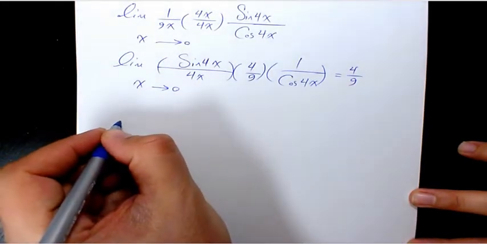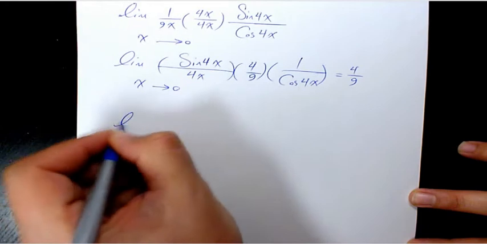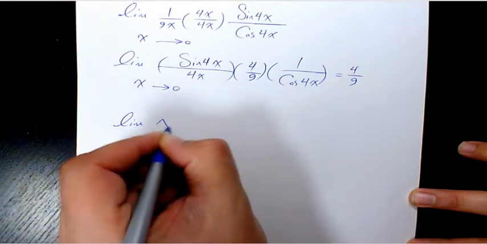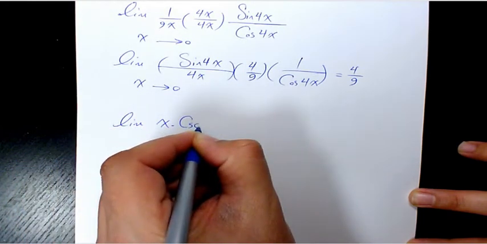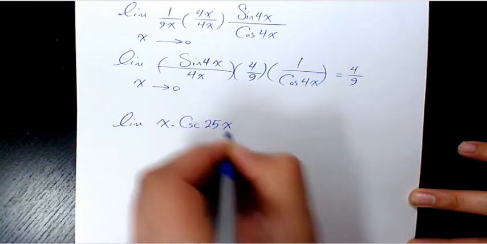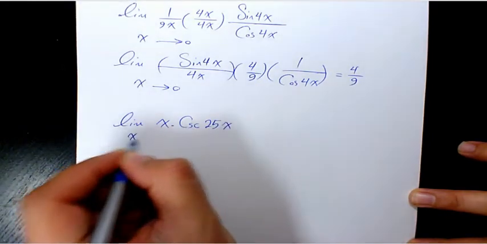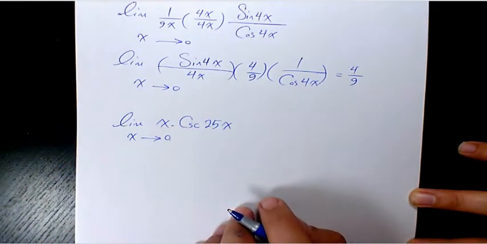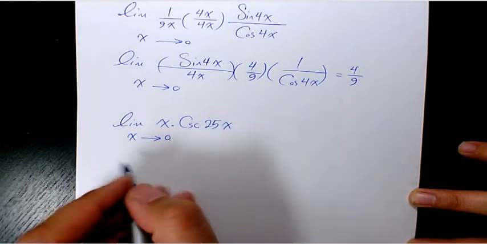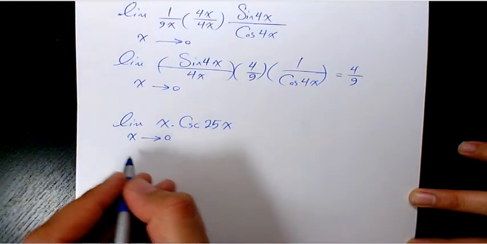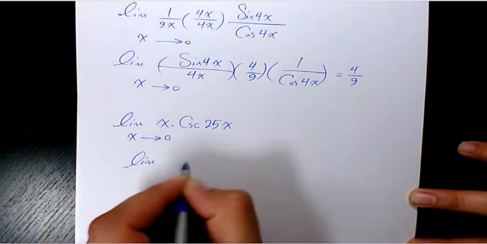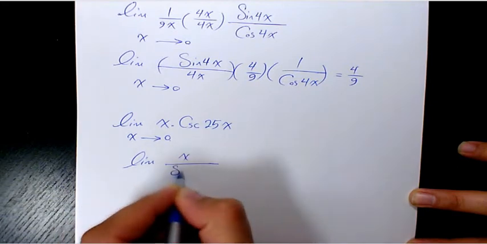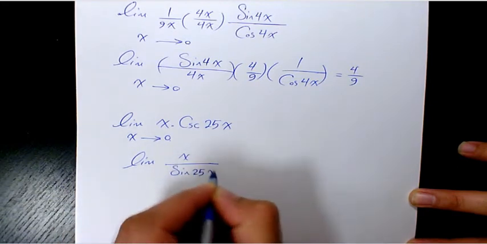Next one is the limit of x times cosecant 25x when x is approaching 0. How to deal with this one? Well, what we can do, we can say limit of x over sine 25x.